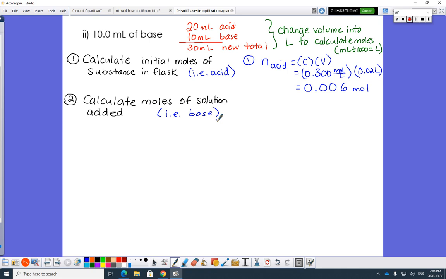So the concentration of base is not the same, and neither is the amount, right? We're going to use 10 milliliters of base. Its concentration is 0.2. Okay, so the moles of acid and the moles of base are not equal yet.